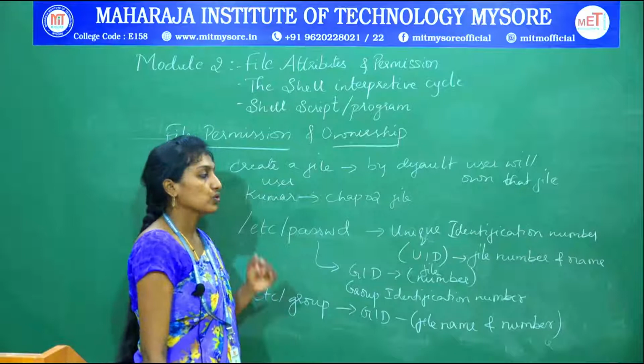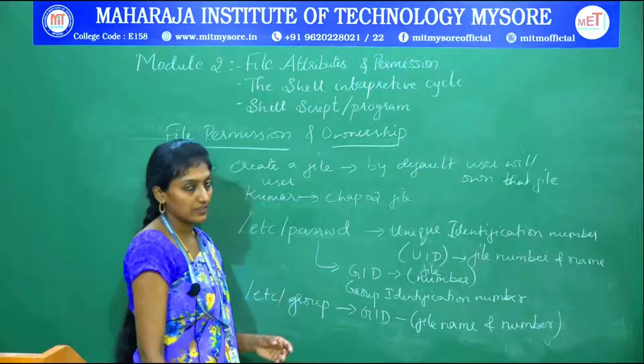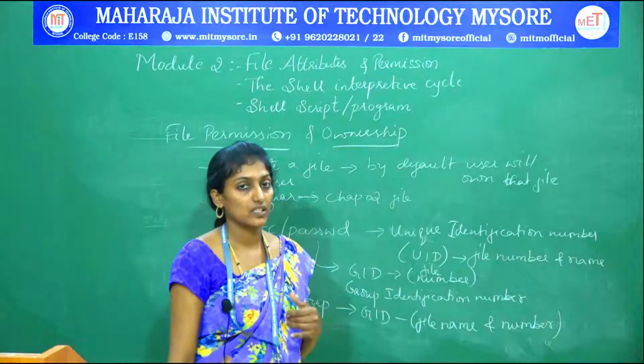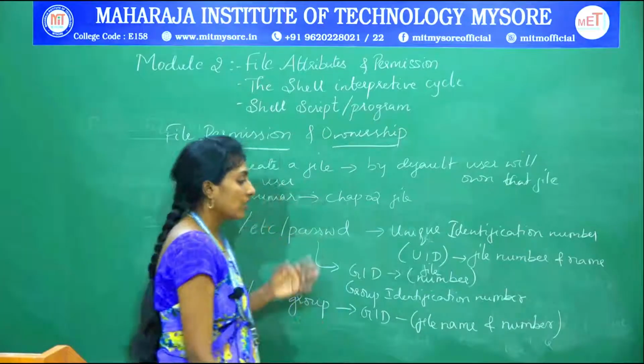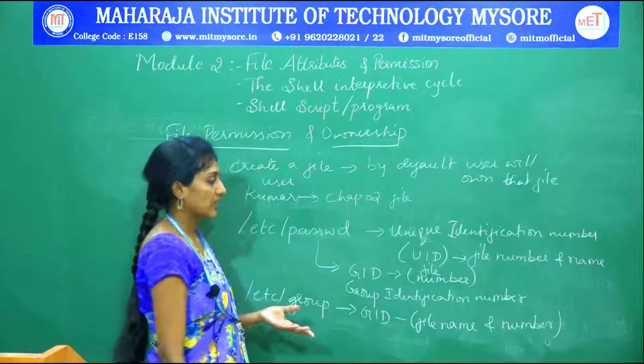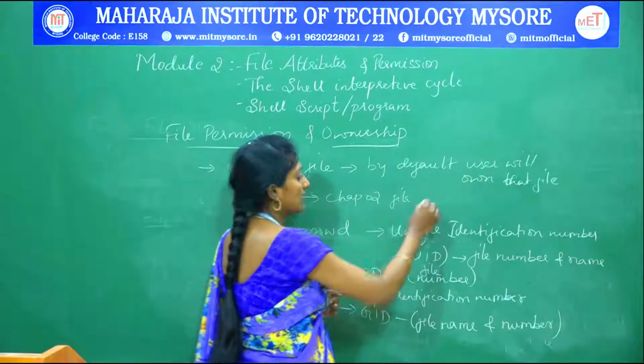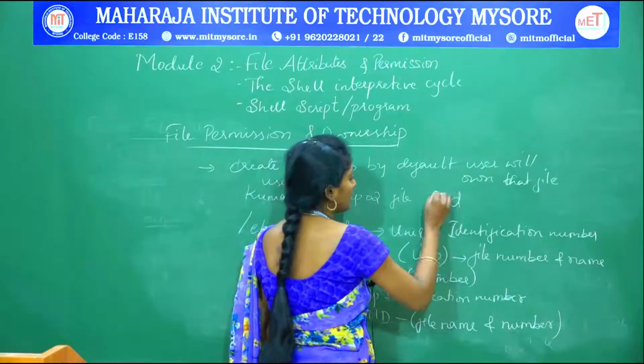But if the user wants to know, for a particular file, what the unique identification number and the group identification number are within the current directory he is working in, there is a command in Unix, that is the id command.